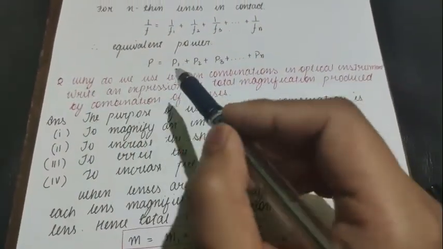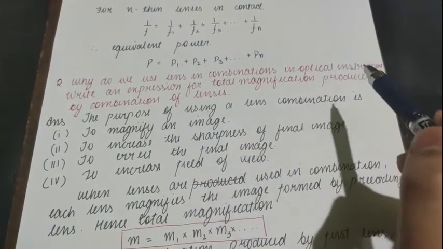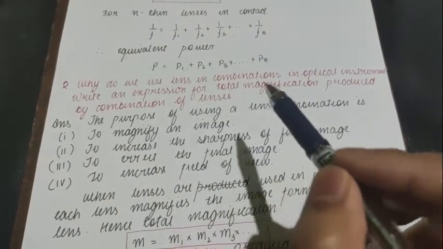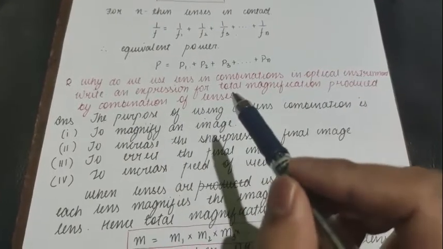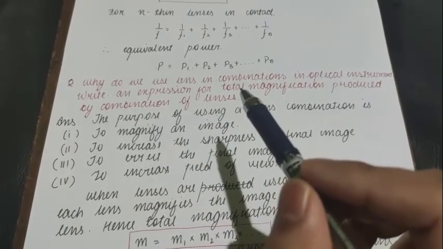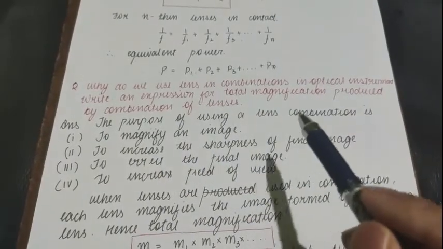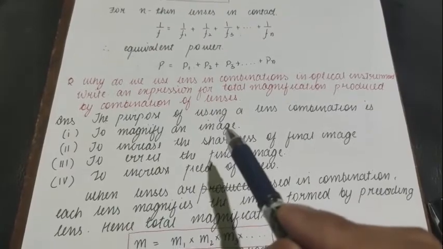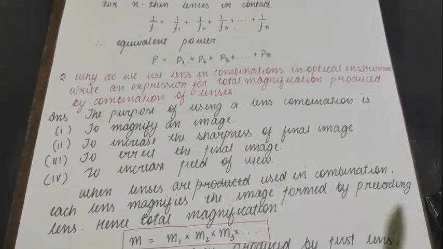Why do we use lenses in combination in optical instruments? Write an expression for the total magnification produced by the combination of lenses. Answer is, the purpose of using lens combination is to magnify an image. Suppose you have a small image formed by your first lens.